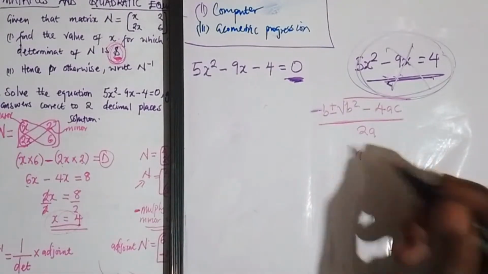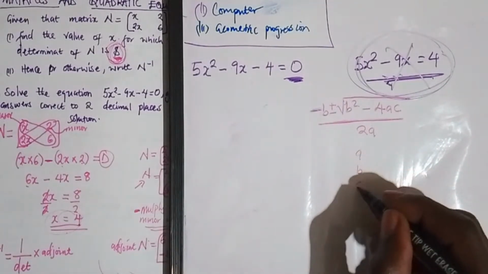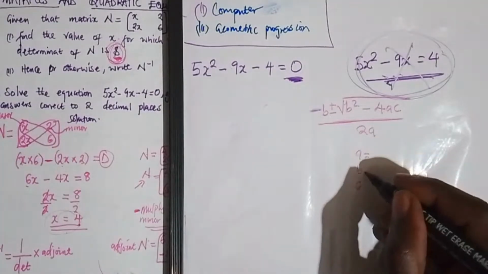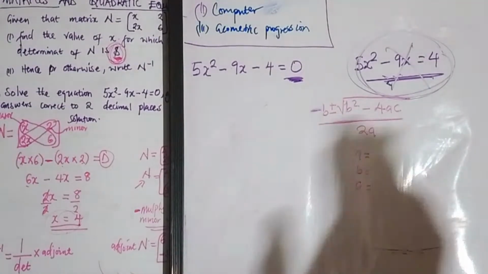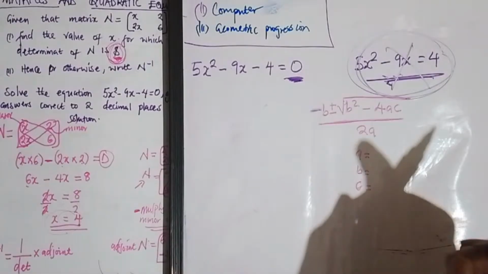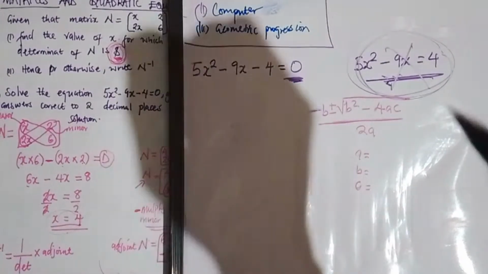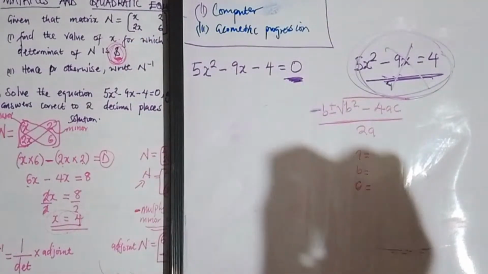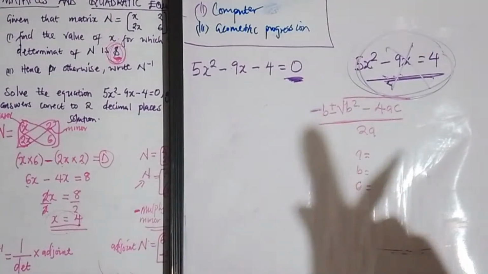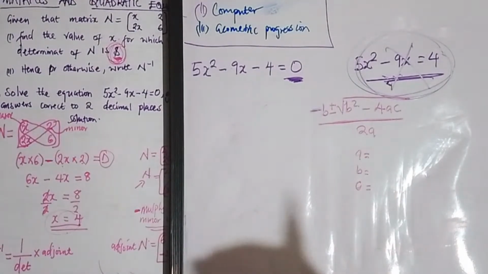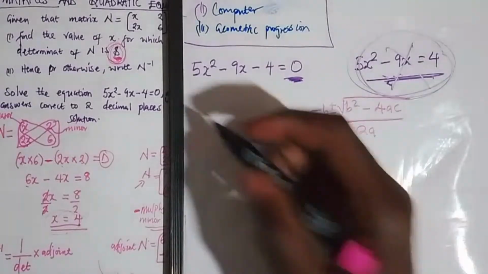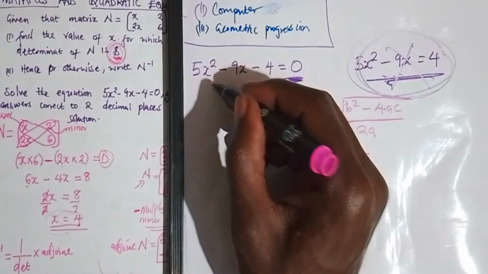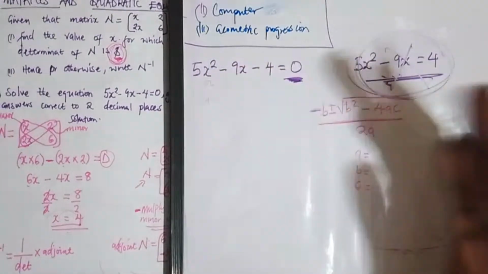So we have A, we have B, and we have C. Always remember that A is the number which has x squared, or any letter, because they won't bring x squared every time. They can bring p squared, q squared, t squared.